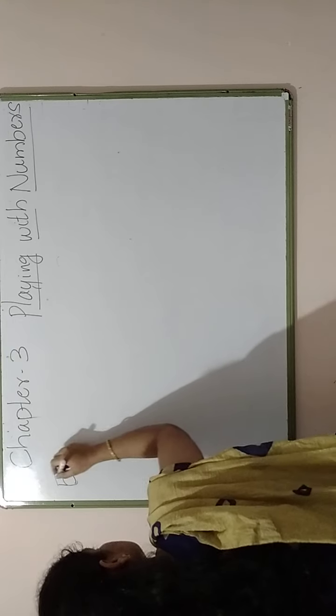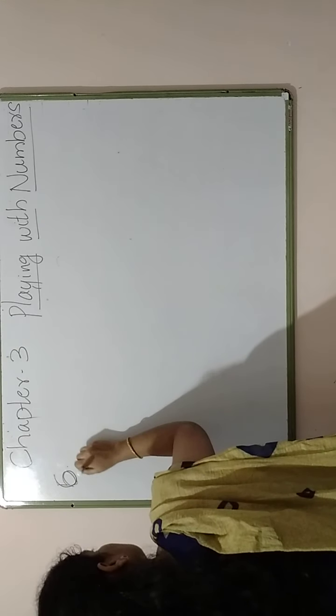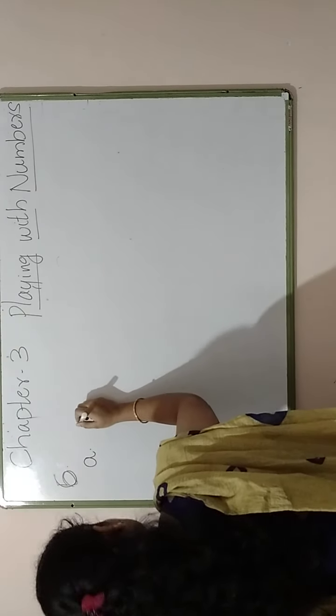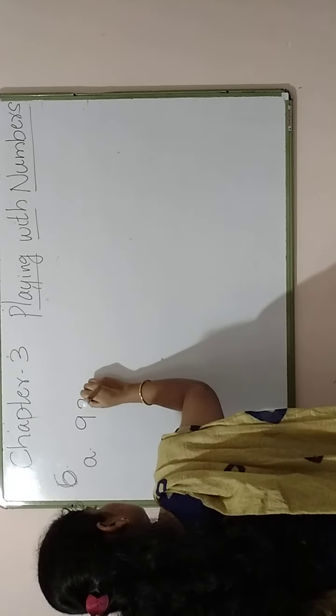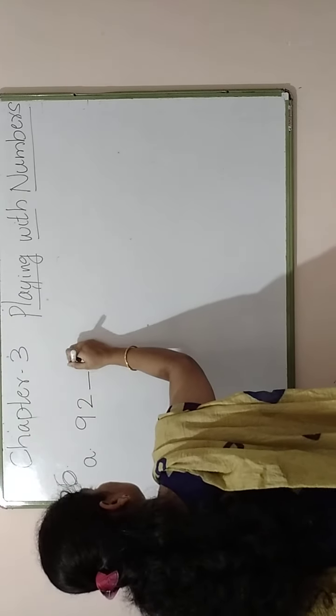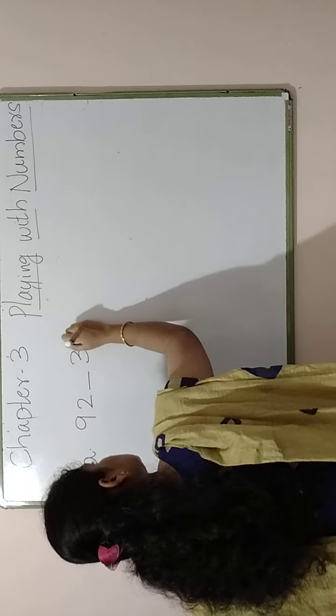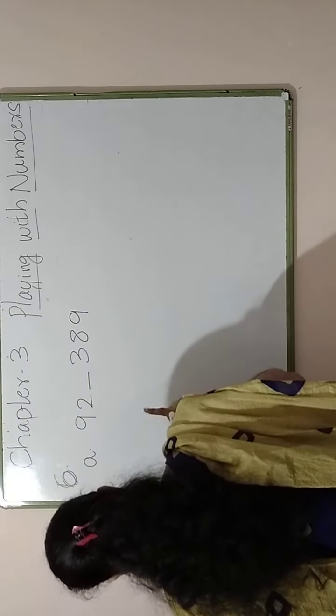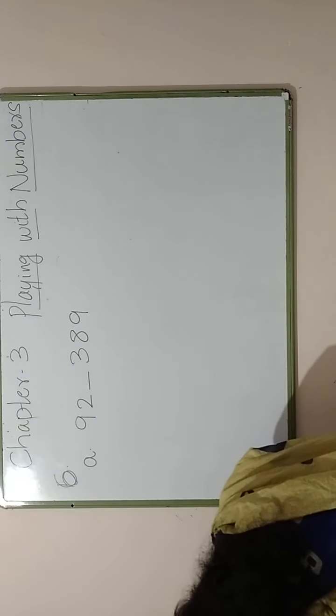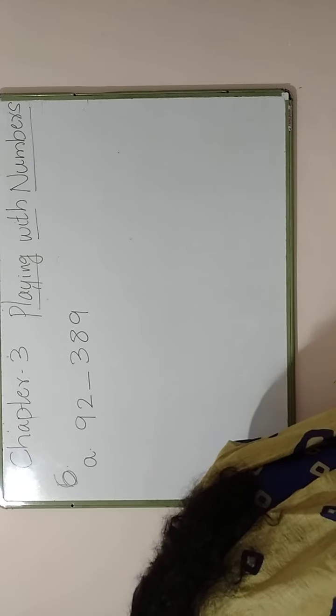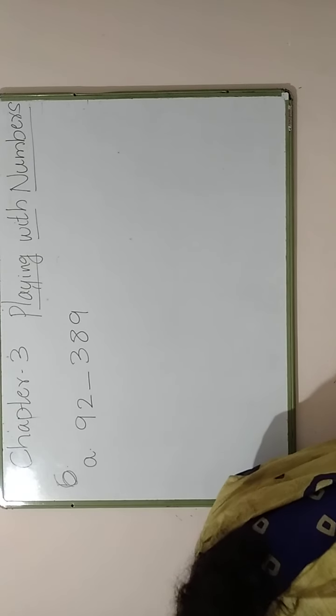This is a 6 and in that 8. Okay, that is 9, 2, blank, 3, 8 and 9. So this is the number and we should find out that this number should be divisible by 11.